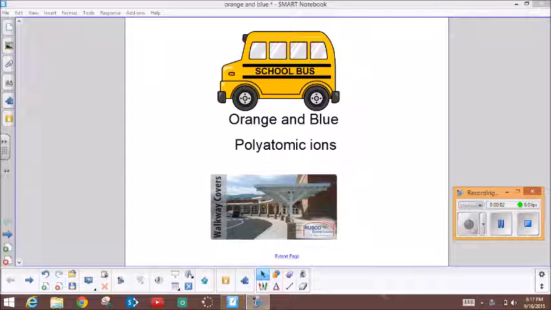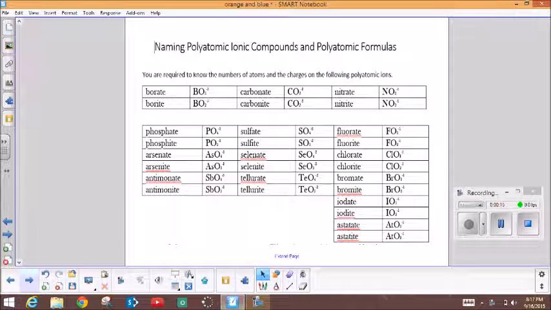This is a PowerPoint that's going to try to find you a way to memorize your polyatomic ions, which I call the orange and blue polyatomic ions. This is the list of ions, and technically this is only half of the list, the ates and the ites, that I'm going to eventually call the bus and the bus loop.